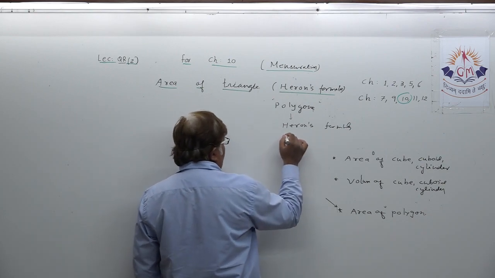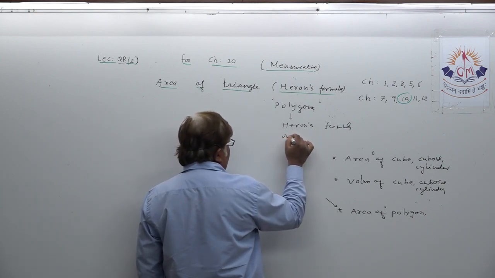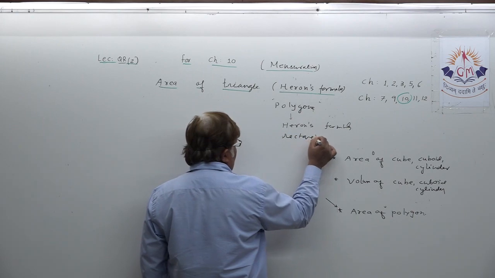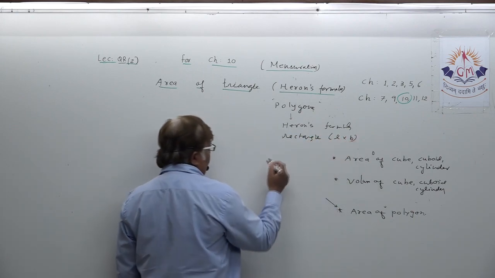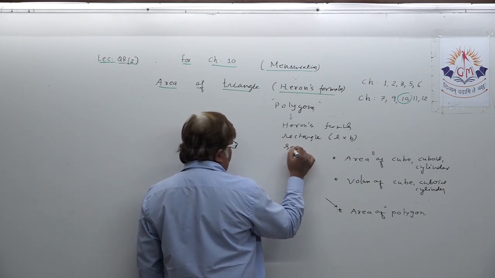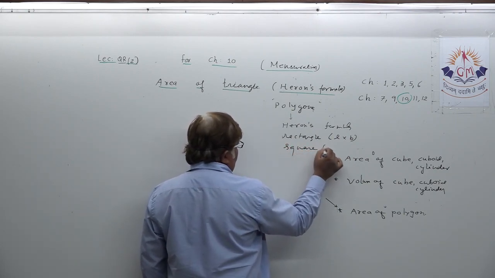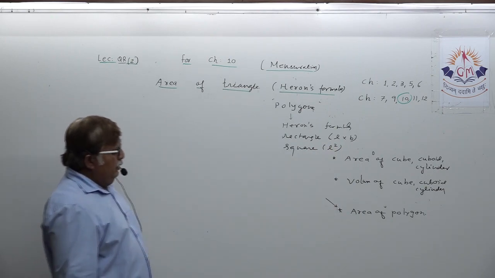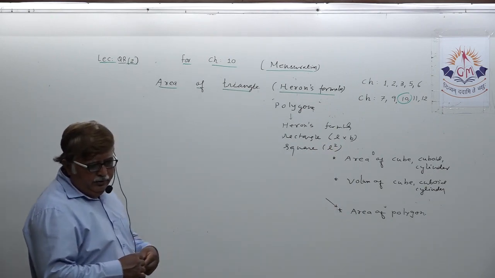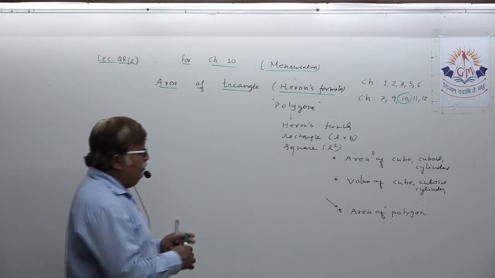You should have knowledge about the area of a rectangle. You all know very well, dear student, area of a rectangle is length into breadth. You must have knowledge about the area of a square, that is side square, L square. At least this is some primary requirement I must mention.